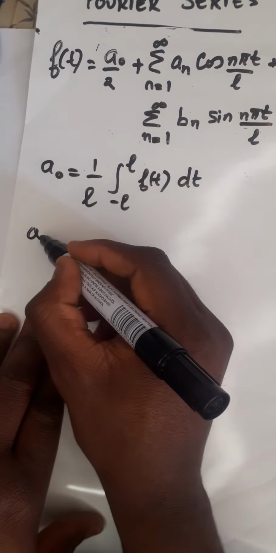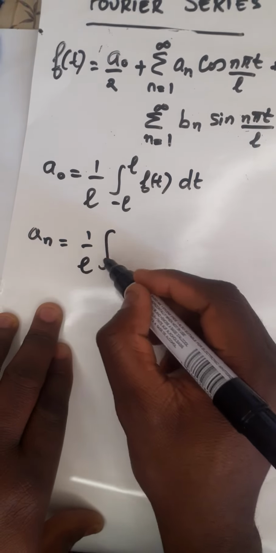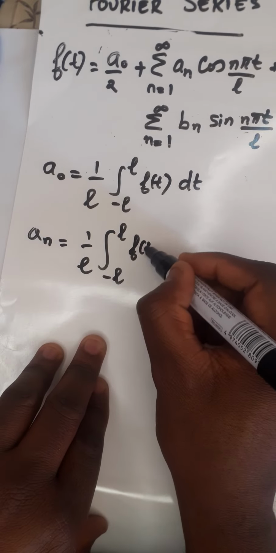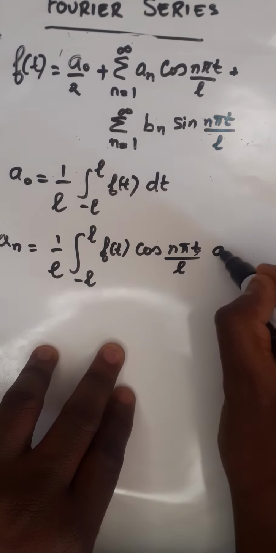My an will be equal to 1 over L, very simple, integral from minus L to L of f of t, and we know a goes with cos, cos n pi t over L dt.